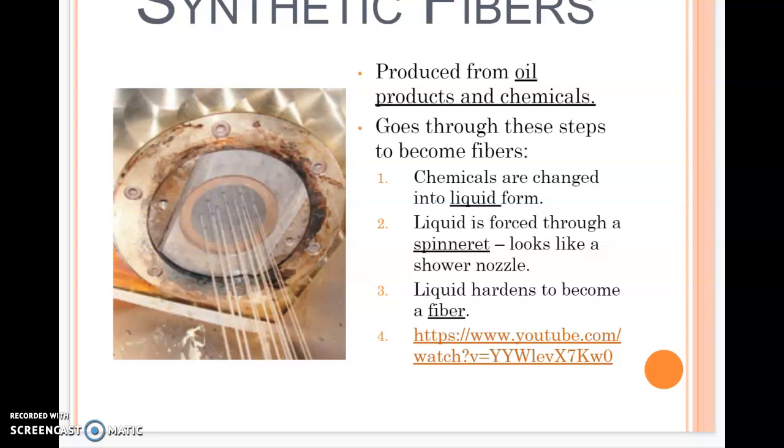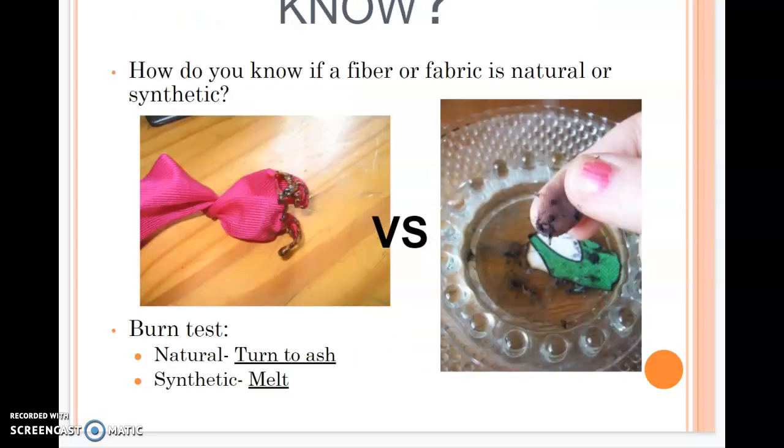They go through these steps to becoming a fiber. Chemicals are changed into a liquid state. The liquid is forced through a spinneret, which looks kind of like this. Reminds me of a shower nozzle. And then the liquid, the second it hits the air, it hardens and becomes a fiber. And I will link this on your worksheet so you can go through that.